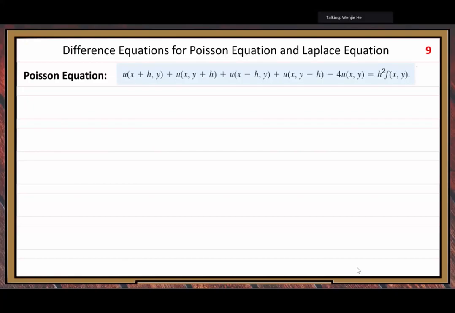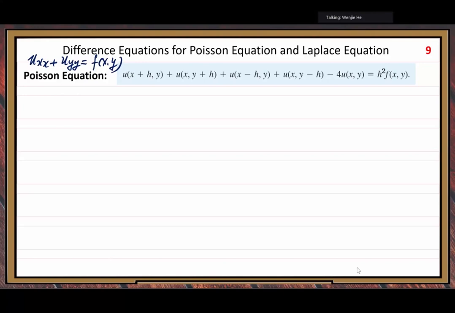The Poisson equation is very easy. Double x plus double y equals f of x, y. Then we just apply the approximation expression for these two partial derivatives, with h squared.